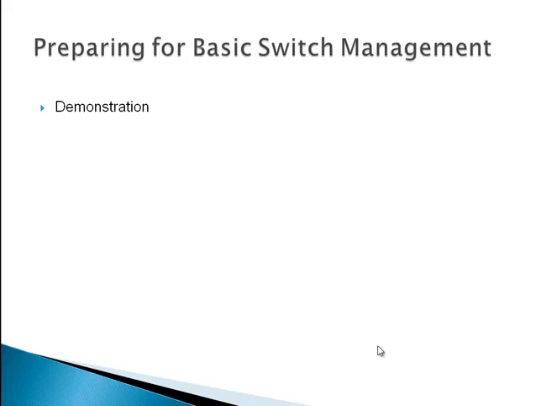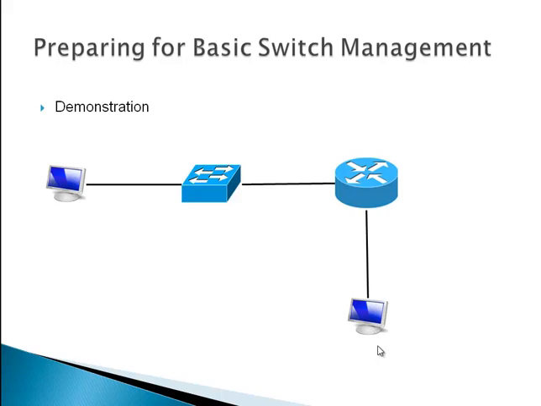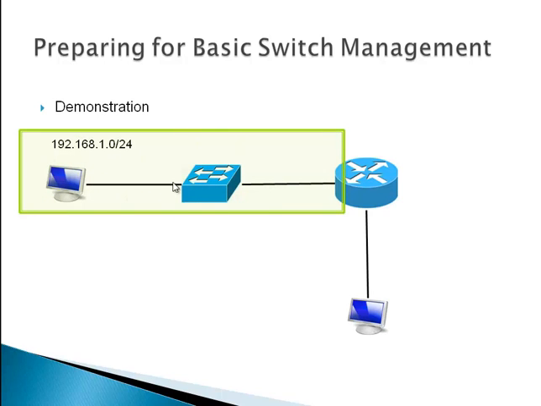Okay, so I will do a demonstration where I have a router already configured. It's connected to a switch. On the right here, it's got a crossover cable connected to this PC. Then the switch is connected to another PC. Now the network where the switch is connected is 192.168.1.0/24.